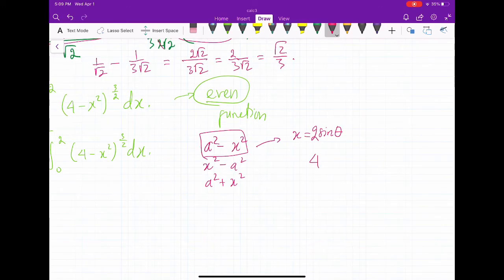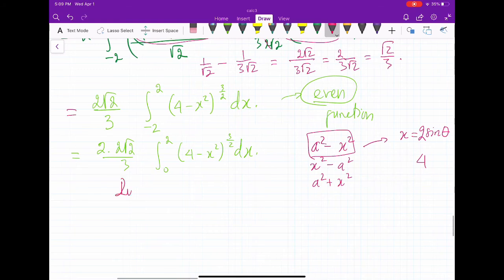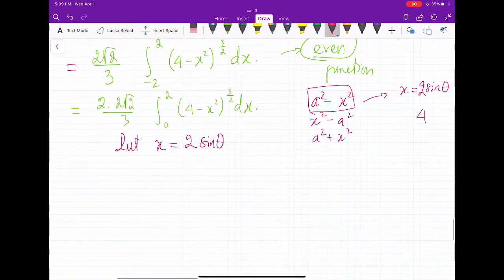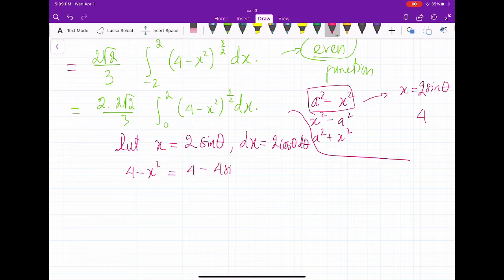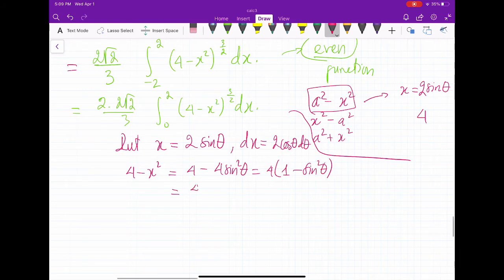So I have 4. Let's do that right here. x equal to 2 sine of theta. So I have dx equal to 2 cosine theta d theta, and 4 minus x squared equal to 4 minus 4 sine squared theta, which is 4 times (1 minus sine squared theta), and 1 minus sine squared is just cosine squared, right?